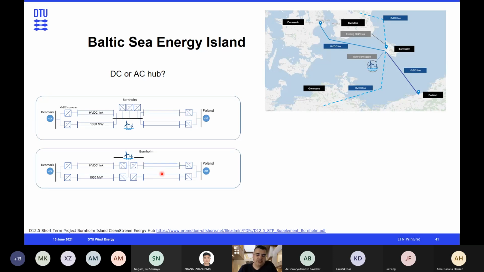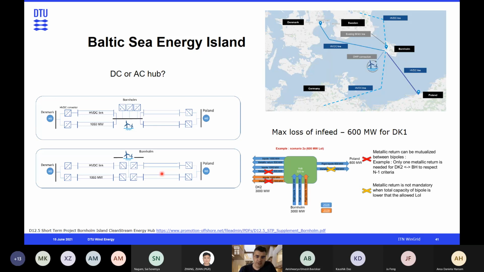to the respective countries. This is done because one of the main constraints is the way we are operating the onshore systems. For DK1, for example, the maximum loss of infeed, so the N-1 criterion for stability, is 600 megawatts. So if we build 2 gigawatts of offshore wind and try to connect it to the main AC system, we need to do it in a way that we will not lose more than 600 megawatts at one time.